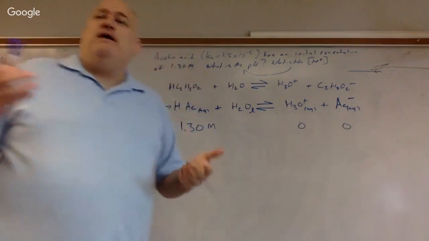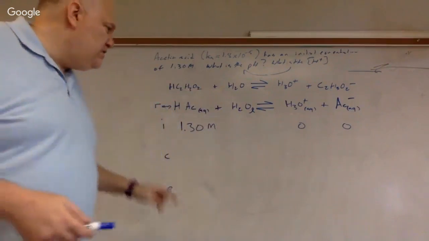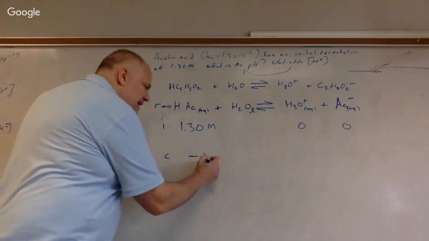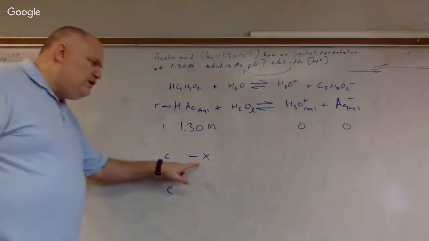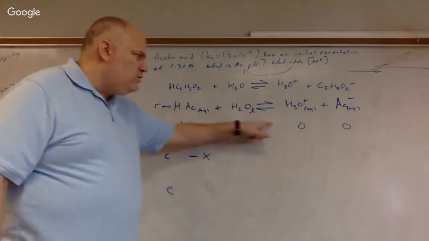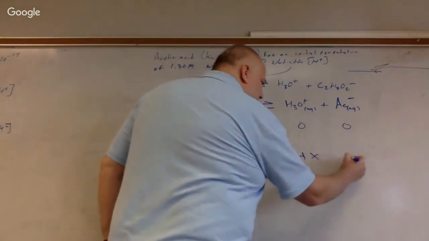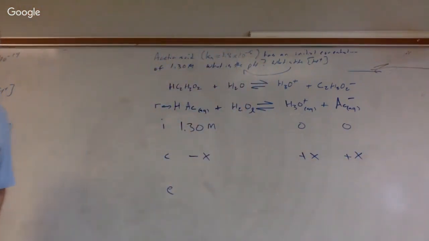So we're going to say, whatever leaves, we're going to call it X. So the change for my reactant side is we're going to lose X amount of our 1.30 molar. We don't know what that number is yet. But whatever we lose here, since it's a 1-to-1-to-1 ratio, we're going to gain here. So we're going to gain X here, and we're going to gain X here. Anyone having trouble with that idea?